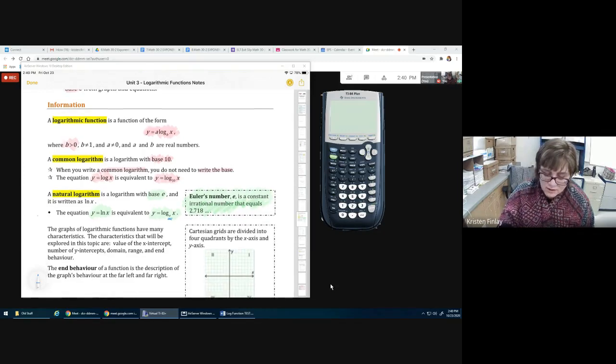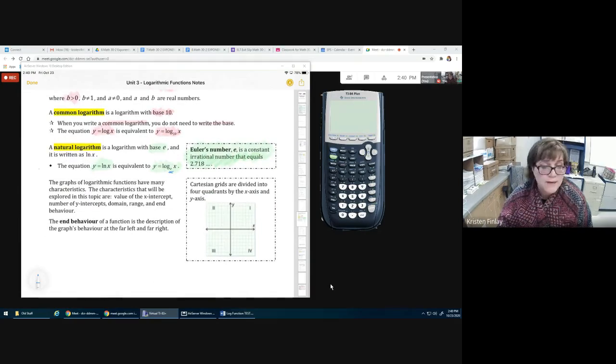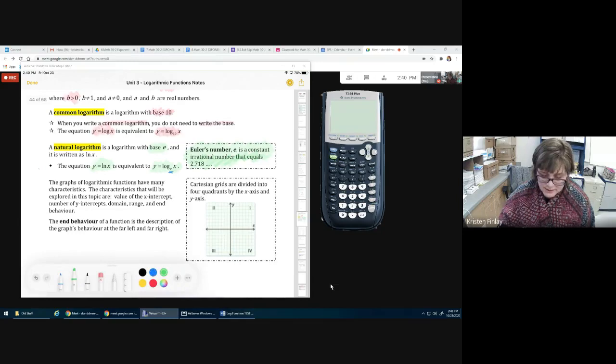The graphs of logarithmic functions may have many characteristics. We've looked at characteristics of graphs before, so here are some of the ones we will be exploring. They probably sound very familiar, and we're going to talk about what characteristics there are for logarithmic functions versus other kinds of functions.